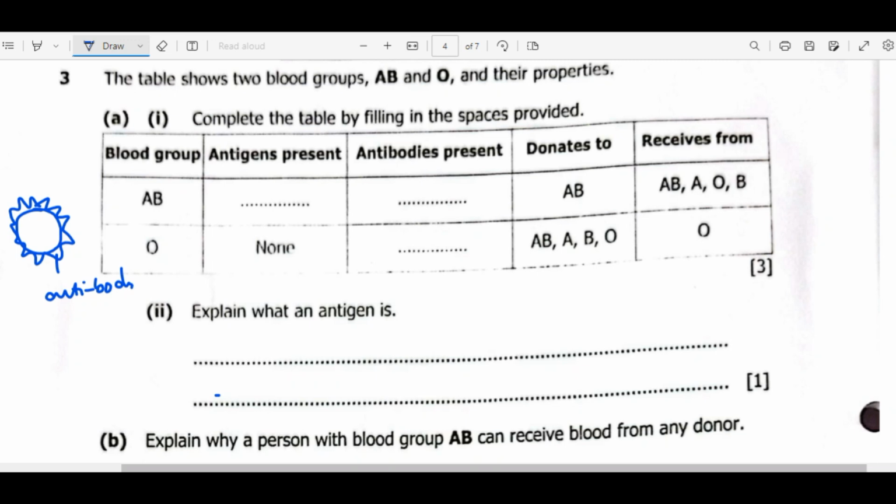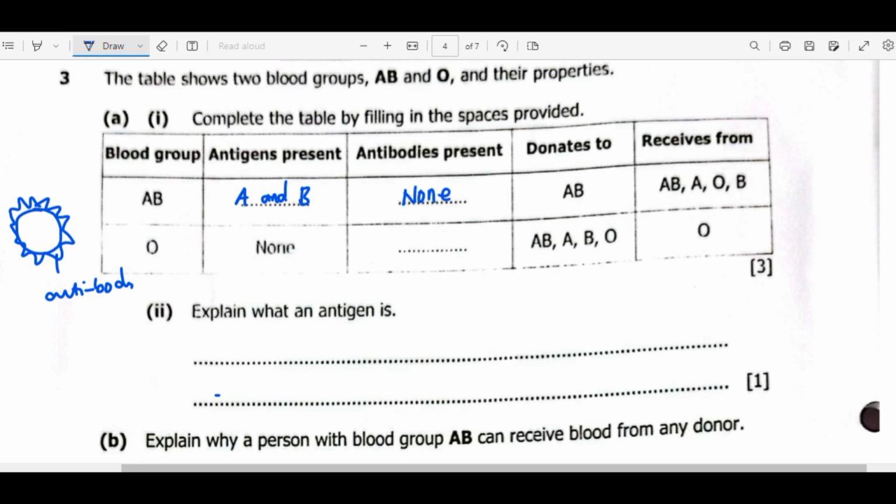Now what of blood group AB? So for blood group AB, the antigens that are found there are antigen A and antigen B. So say A and B. Now what of the antibodies? So in blood group AB, we have no antibodies, so we'll just say none.